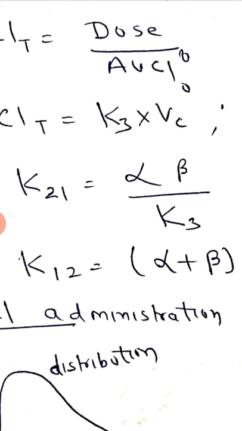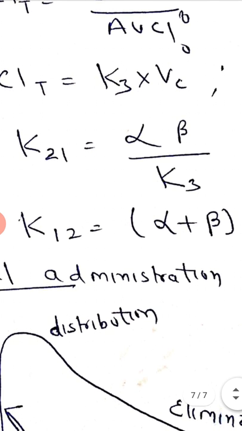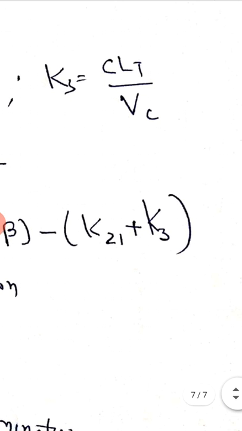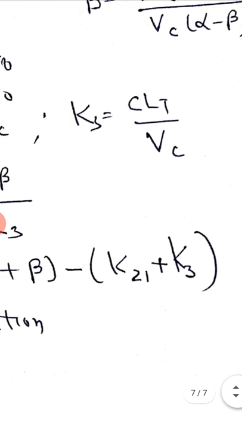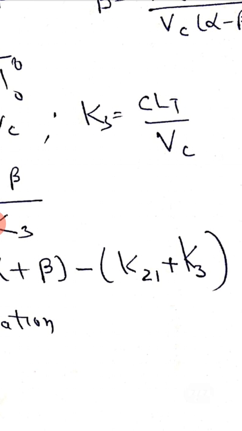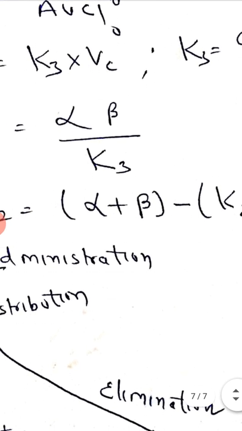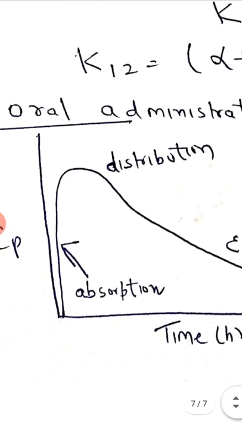K21 is equal to alpha times beta divided by K3. Then how to find K12, the transfer rate constant from the central to the peripheral compartment? K12 is equal to alpha plus beta minus K21 minus K3. Now what is the formula of K3? K3 is equal to total clearance divided by the volume of distribution of the central compartment.